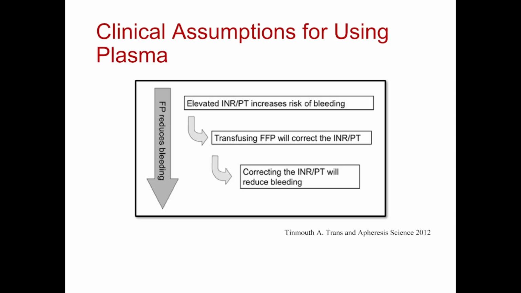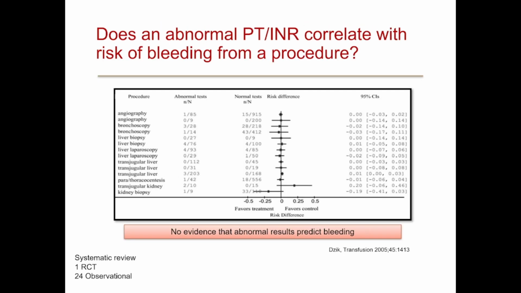The general clinical assumption, which can be overly simplistic at times, is that if there's elevated INR or elevated PT, it will increase the risk of bleeding, so let's transfuse FFP, and correcting it will reduce bleeding. So, does abnormal PT/INR correlate with risk of bleeding in a procedure?